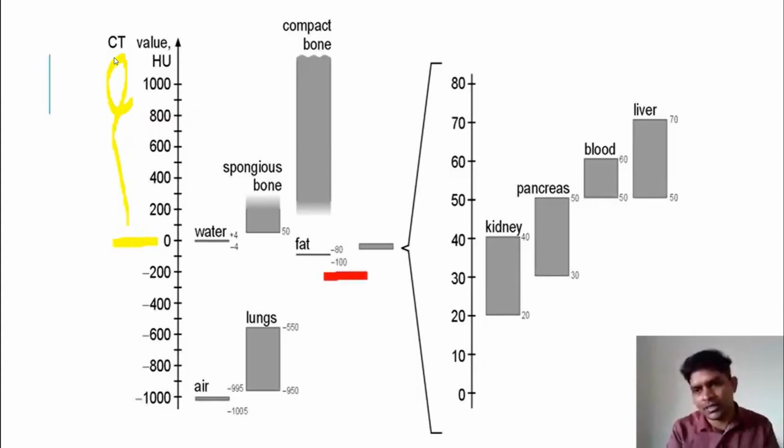When we look at the lung, you can see it is minus 500 to minus 1000, which we use for the chest, or sometimes when we want to see air. This is the Hounsfield scale. Whenever you use a region of interest in the CT, you are able to get the HU values of each part of the body in a cross-sectional image.